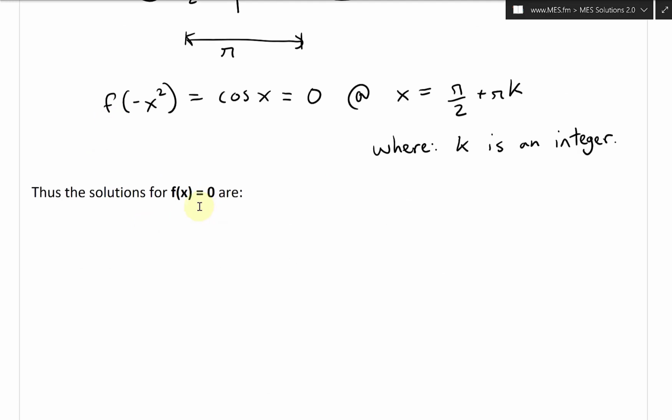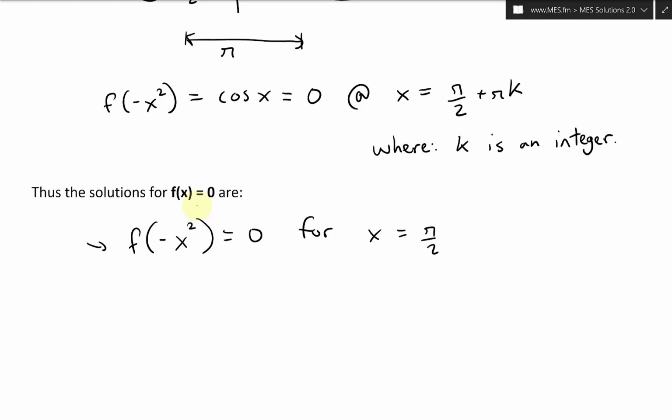So the solutions for f of x equals 0 are, in our case, because we solved this one here, f of negative x squared equals 0 for x equal to pi over 2 plus pi k. In other words, I'll throw this inside here, writing it as or.